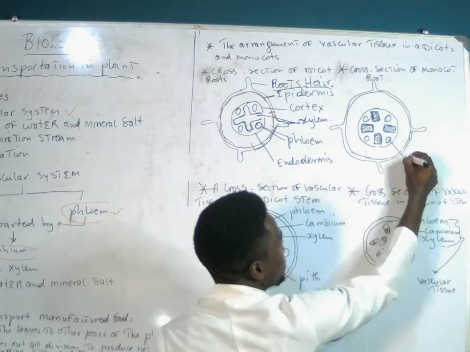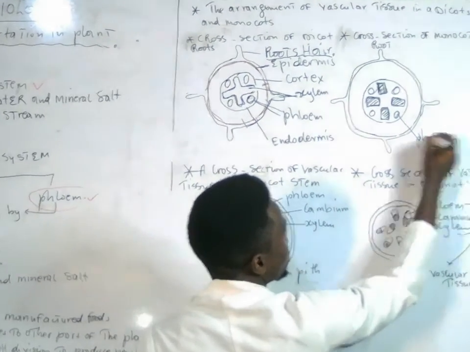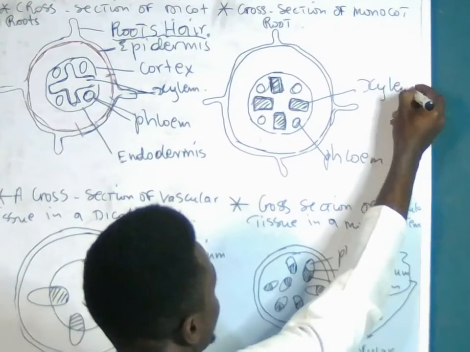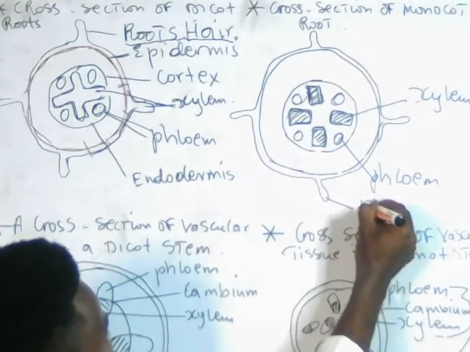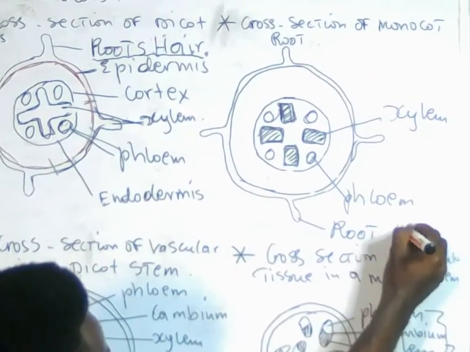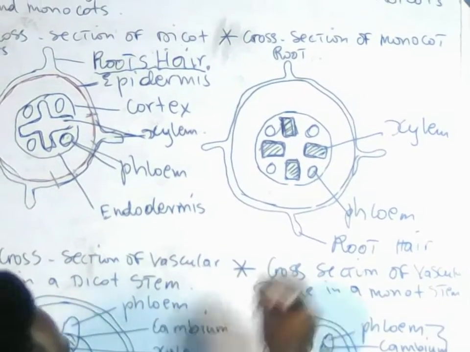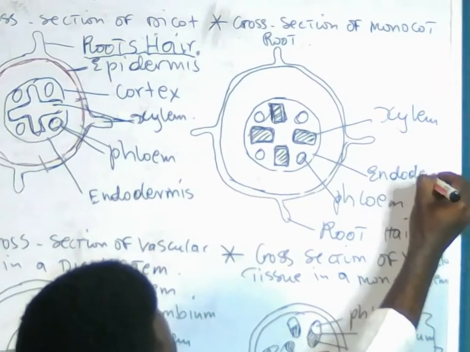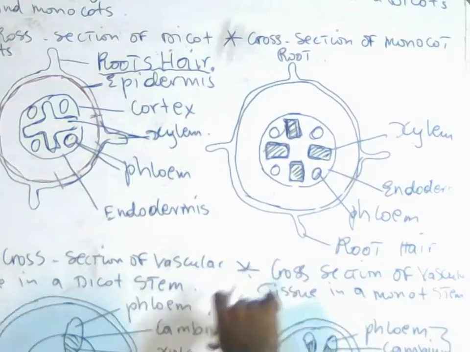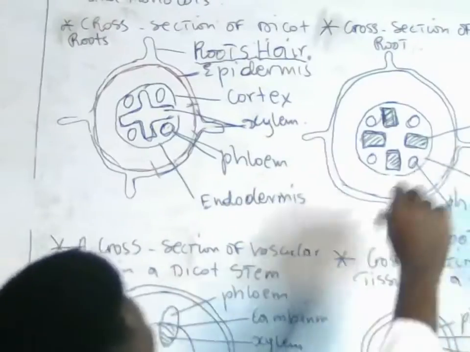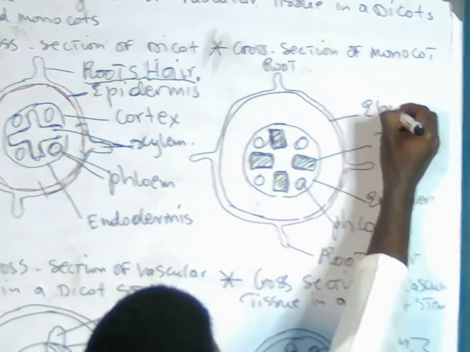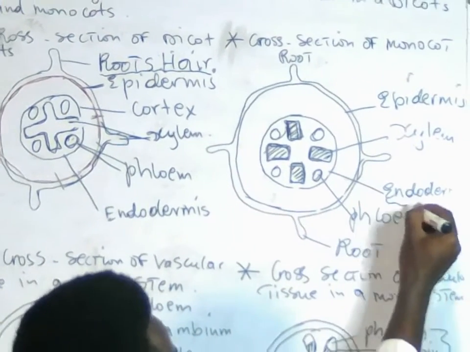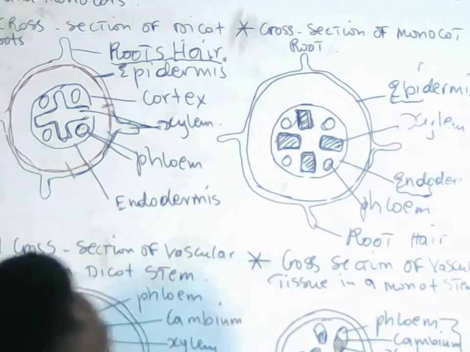This becomes our phloem, this becomes our xylem. Then we have the root here, then here our endodermis, and here our epidermis.